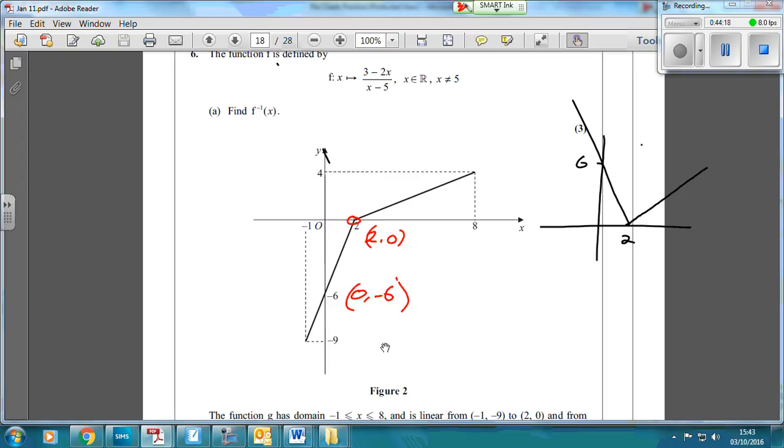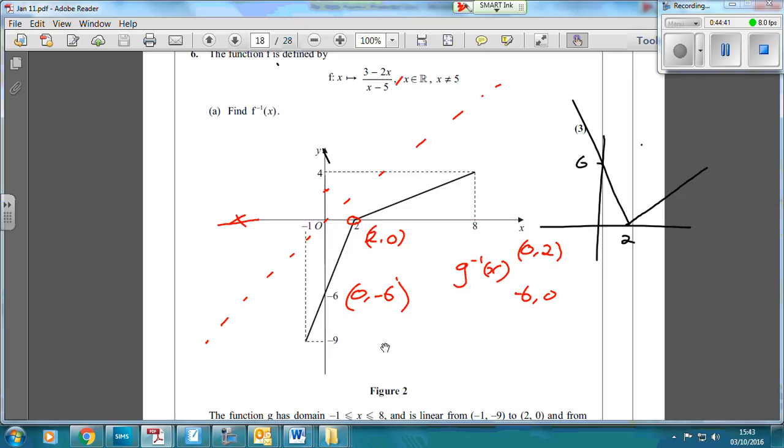So the inverse function, g to the -1 of x, is going to go through the other way around. So it's going to go through at 0, 2, and at -6, 0. So -6, 0 is going to be over here, and 0, 2 is going to be up there. And then it's just a reflection in the line y equals x.